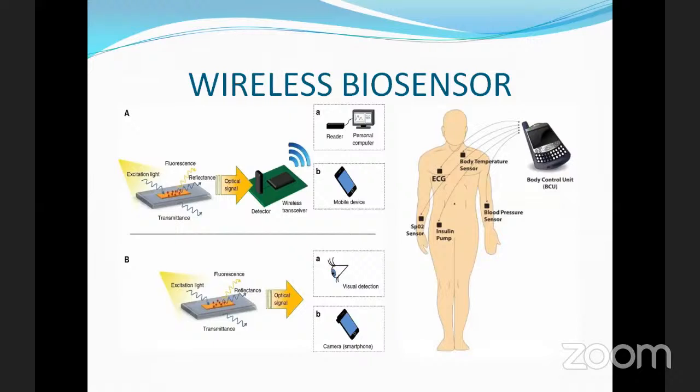This is a biosensor that is useful for the determination of concentration of the analyte, and it has a scope of integrating with microelectronic circuitry like a microprocessor and a wireless device.